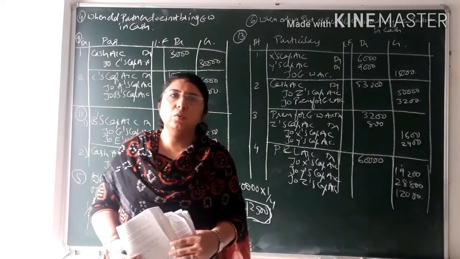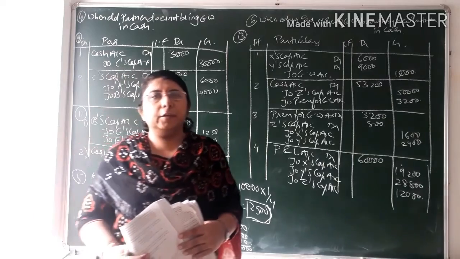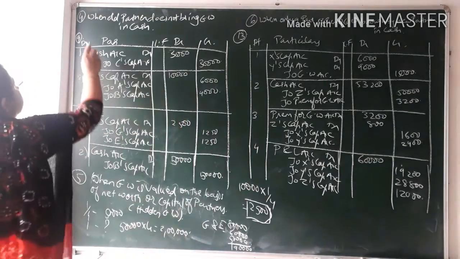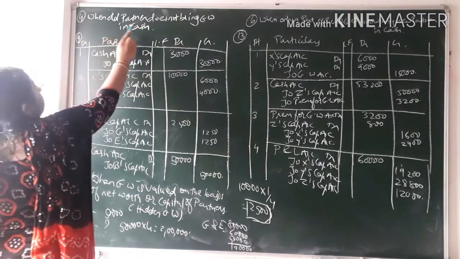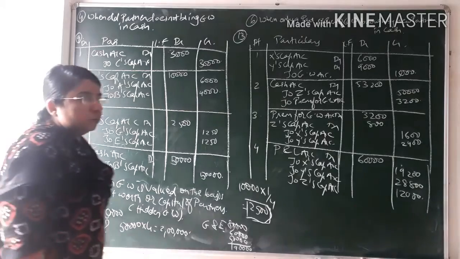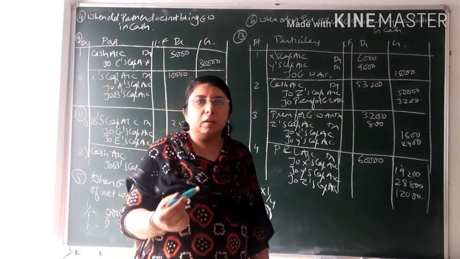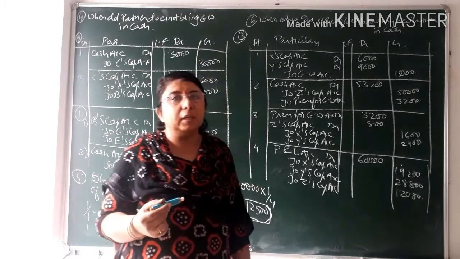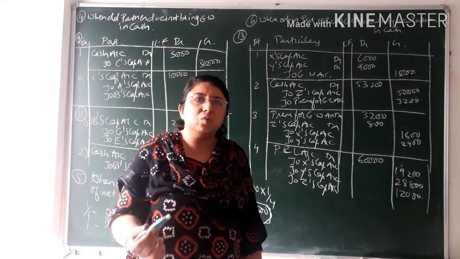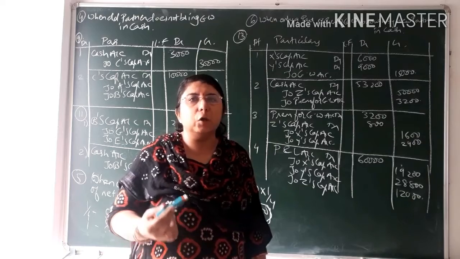Now moving on to the fourth situation related to accounting treatment of goodwill. You can see on the board I have written the fourth situation, that is when the new partner does not bring goodwill in cash. In the previous sum, the new partner was bringing goodwill in cash, and either it was retained in the business or withdrawn by the old partners fully or partially.